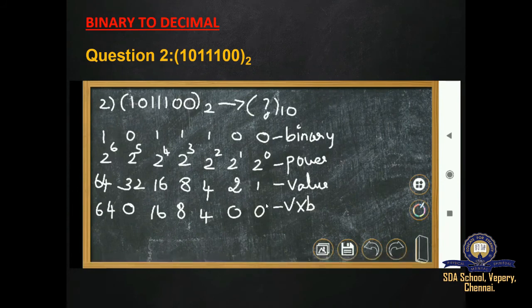For a clear explanation, I am going to write the same third step again, that is value into binary, in a different way.